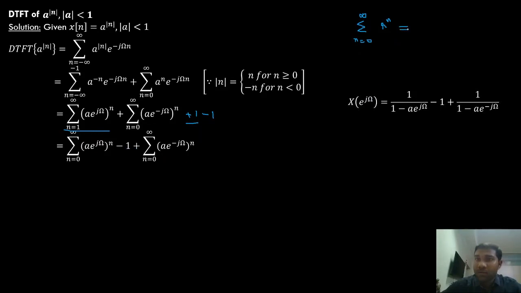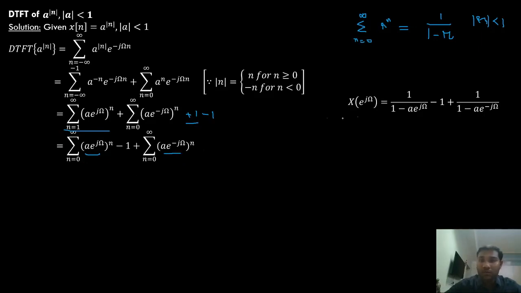Here summation n equals 0 to infinity r power n is equal to 1 by 1 minus r, provided mod r is less than 1. We know a is less than 1, and mod e power j omega is 1, so the terms inside are definitely less than 1.